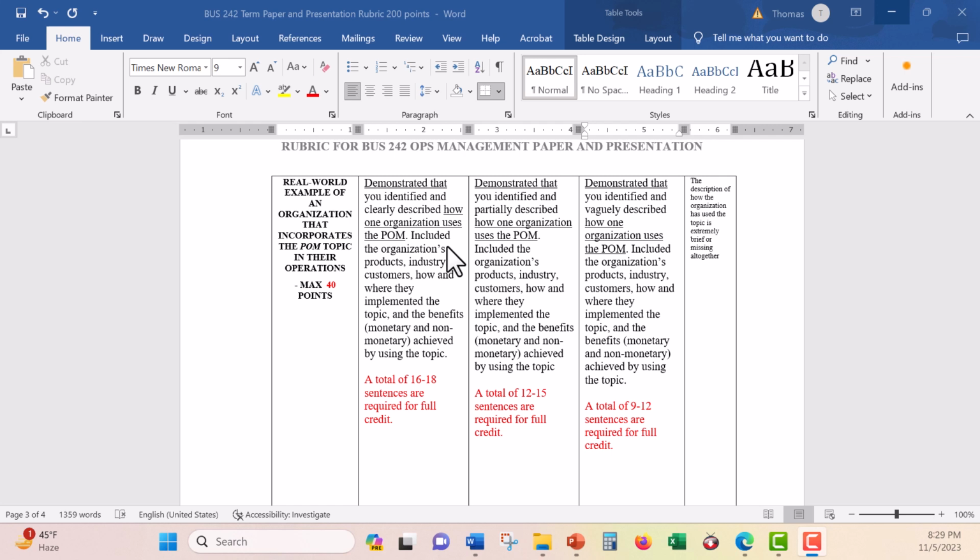But I need a little profile. Again, what's the organization's name? What are their products or services? What is their industry? Who are their customers? Now, there are many for this topic I chose as a model, but you can look at FedEx, UPS. There's several in the textbook: Arby's, Home Depot, Starbucks, McDonald's.